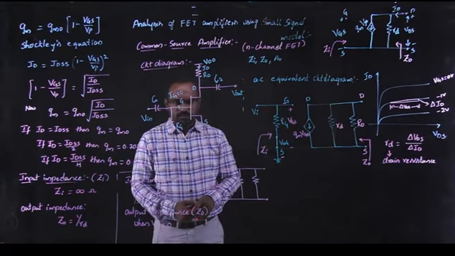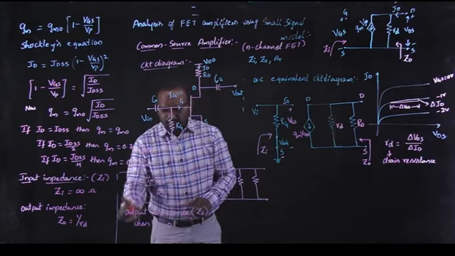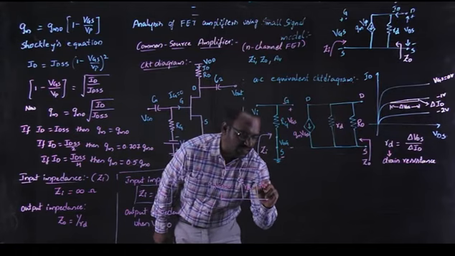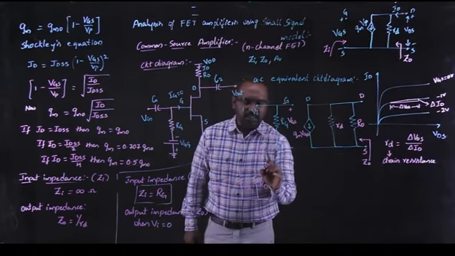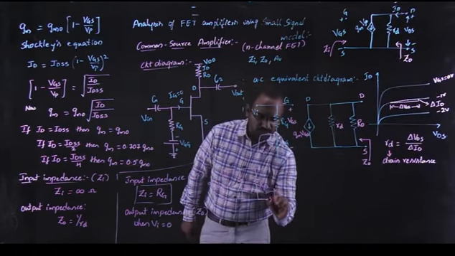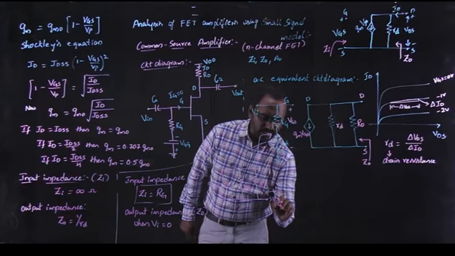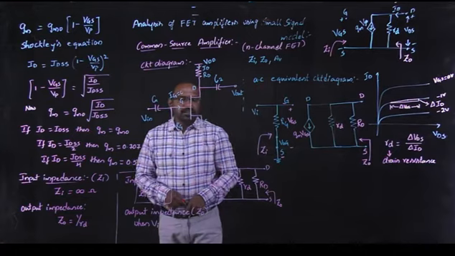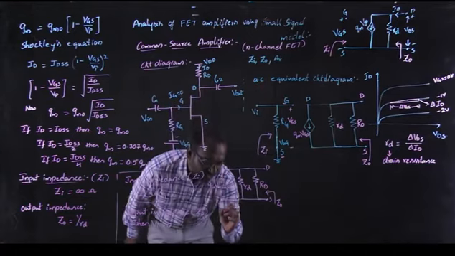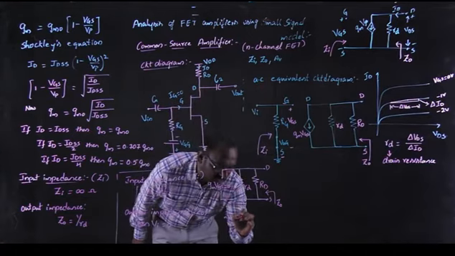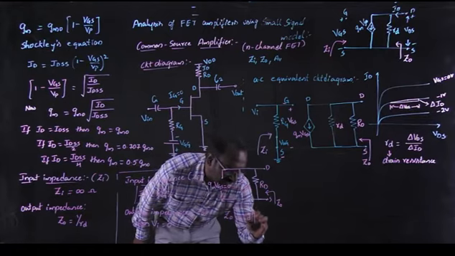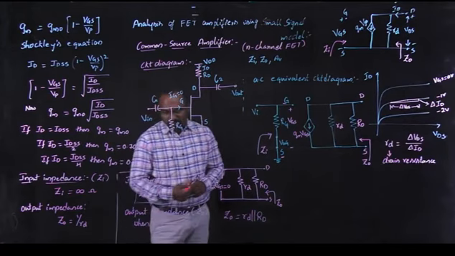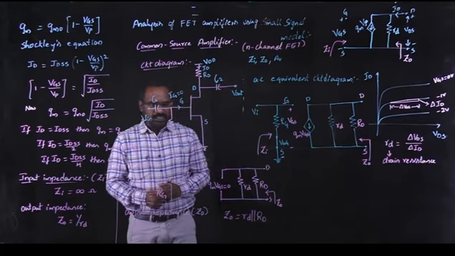Are you following me? You have to continue from this to this. So this is rd, and this is the drain to source resistance, capital RD, between the drain and source terminals. So here I have to calculate my Zo. What is Zo? This is in parallel with RD. So I can write the output impedance Zo is equal to small rd parallel with capital RD.